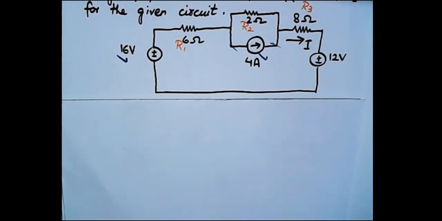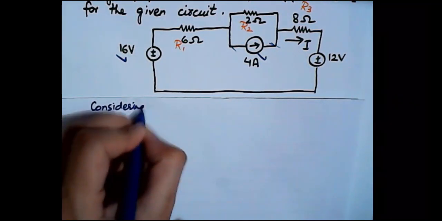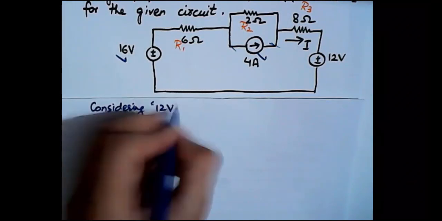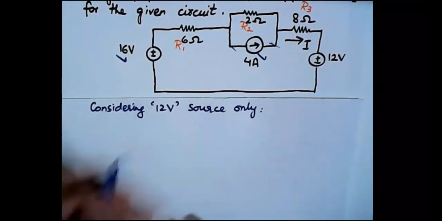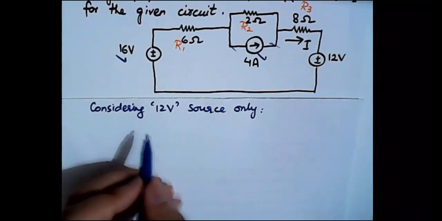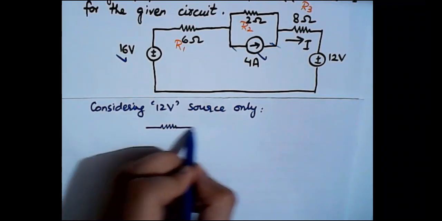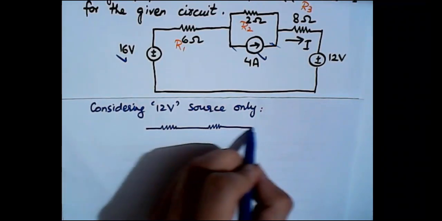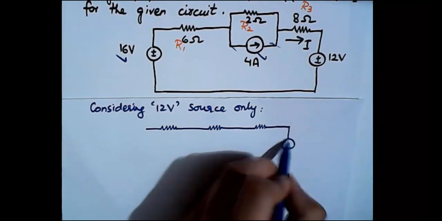So considering the 12 volt source only, this makes our circuit like this.